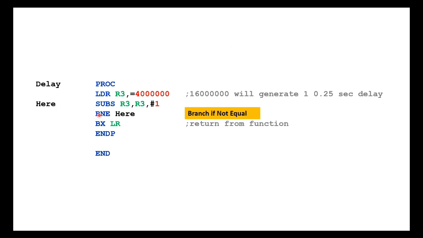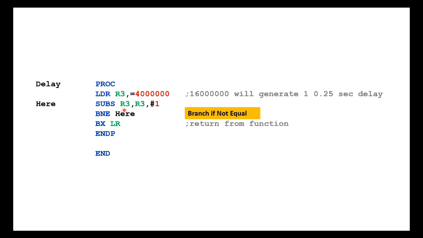So the next instruction is BNE, that stands for branch if not equal. This instruction will check the contents of R3, and if it's not 0, it will branch back to this point, which is here. So it will go around this loop 4 million times until the contents of R3 is 0.